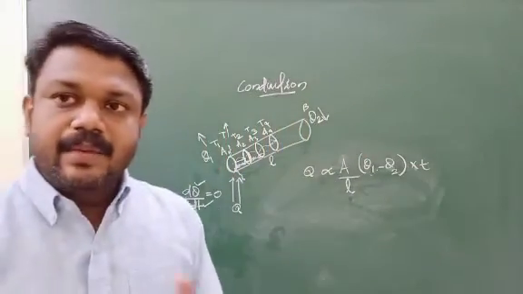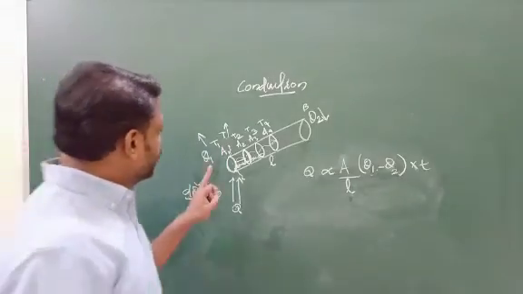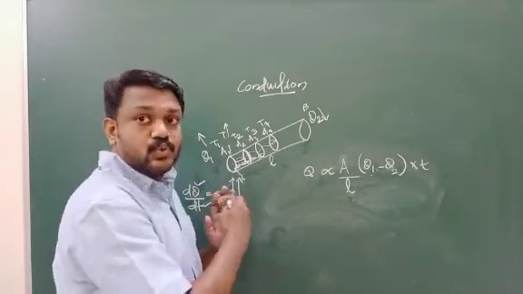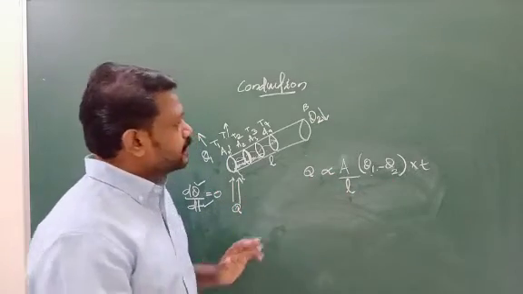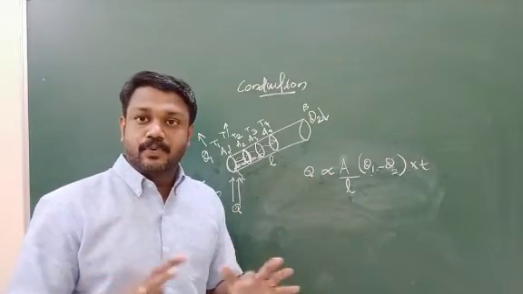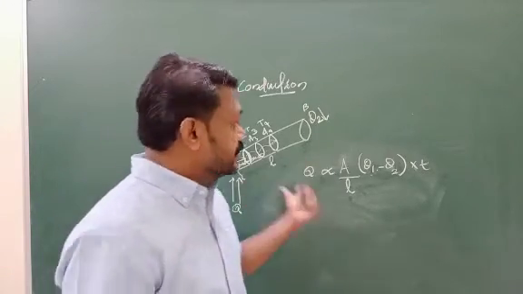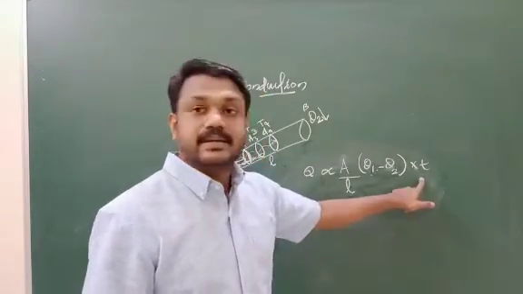That means amount of heat energy flowing from one point to another depends upon area of cross section through which heat is transferring, temperature difference between the points between where the heat transfer occurs, distance between these two, and time.